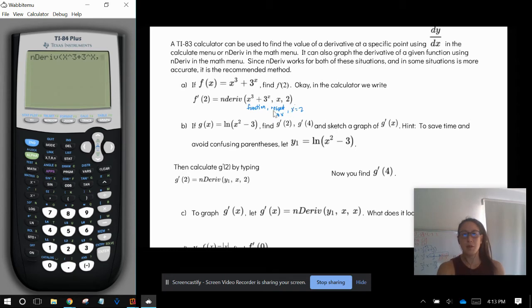The next thing we're going to put in is the variable that we're taking the derivative with respect to, so with respect to x. And then where are we evaluating at? x equal to 2. Okay.